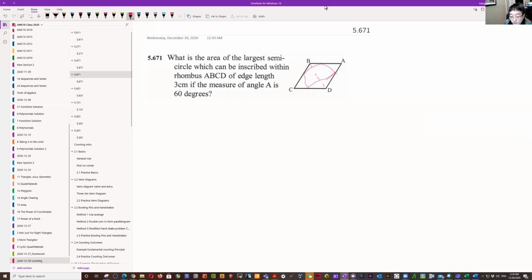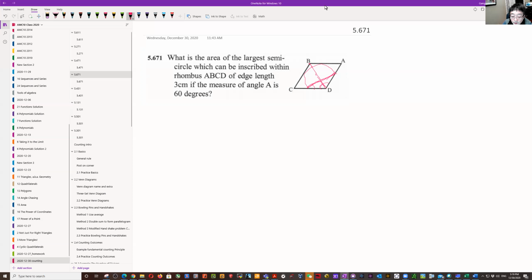Because of the symmetry, we are basically bisecting the 120 degree angle. So this here is going to be a 30, 60, 90 triangle.